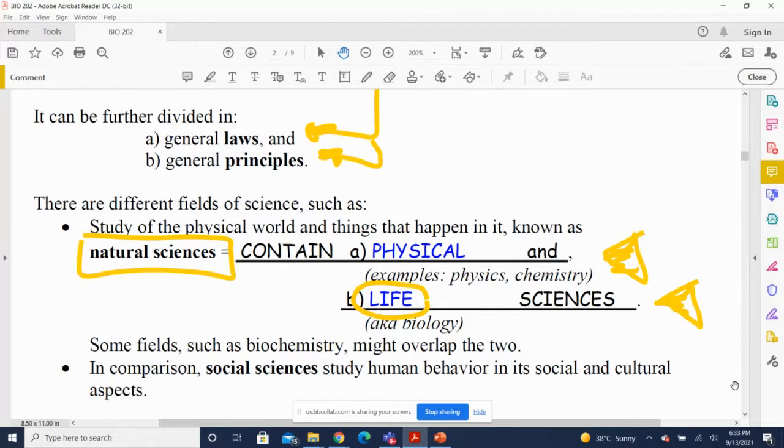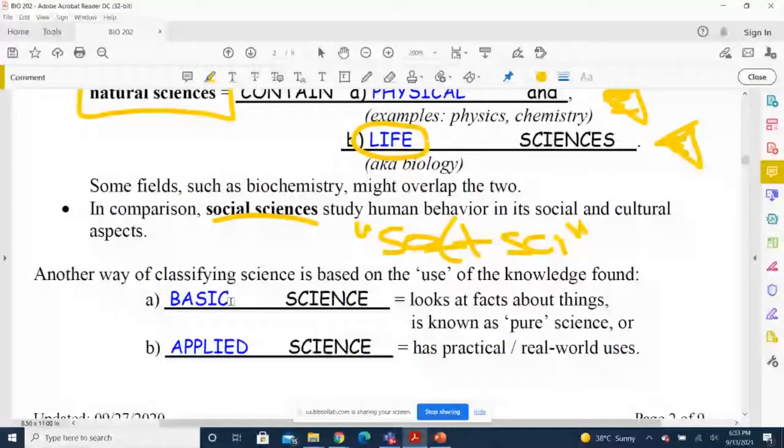Another way of classifying science is to divide science based on the use of the knowledge that we gain. And we can talk about basic science, where we look at just the general facts about things, sometimes seen as pure science. This is the science that we do that doesn't necessarily translate into use immediately or directly.